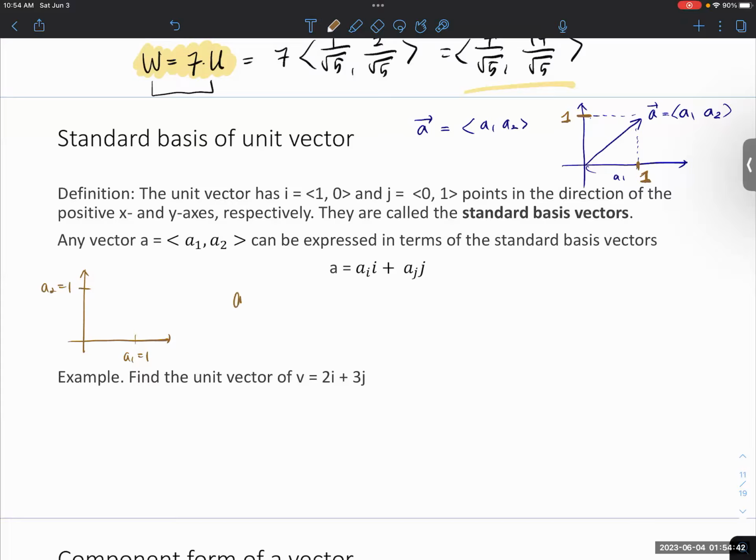Therefore, vector A, you can say, is A1 times (1, 0) plus A2 times (0, 1). Because it is A1, you do the distributive property: (A1, 0) plus (0, A2). It's (A1, A2), same thing, we got it.